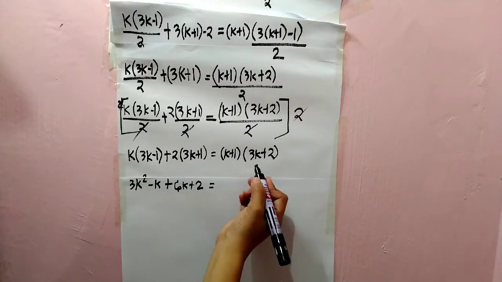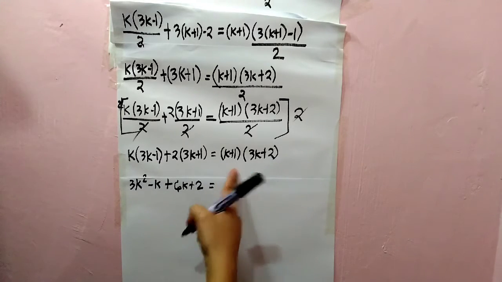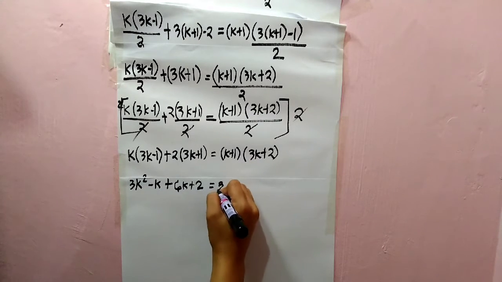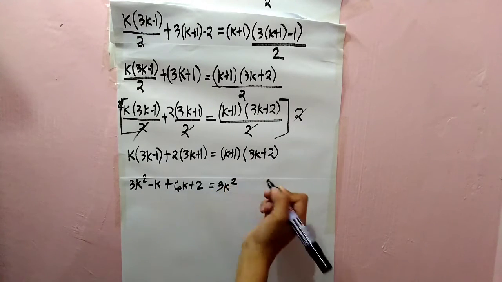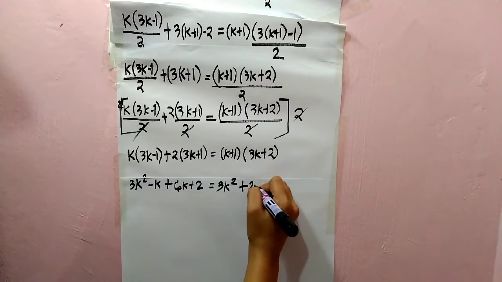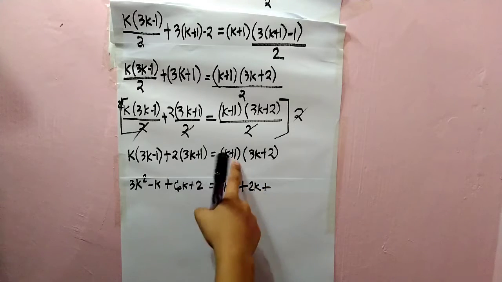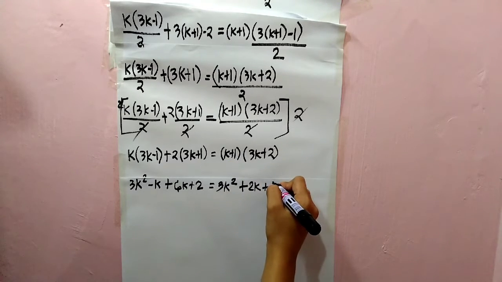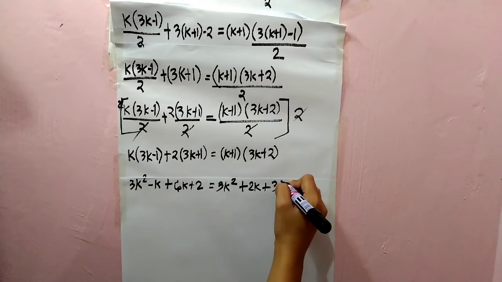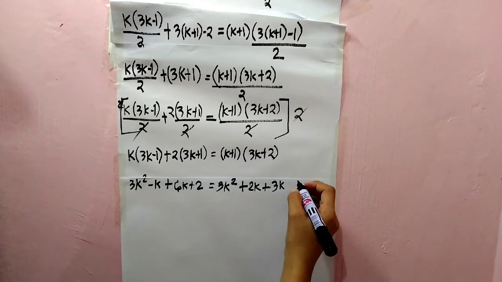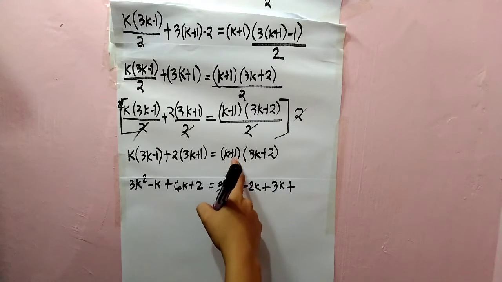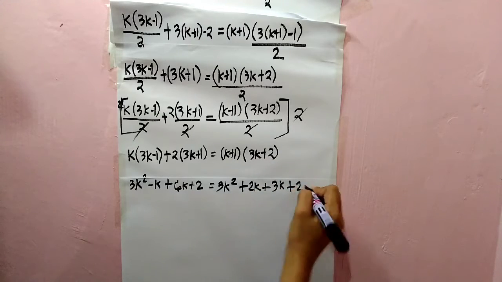This equals, using the FOIL method, k times 3k, we have 3k squared, plus k times 2, we have 2k, plus 1 times 3k, we have 3k, plus 1 times 2 is 2.